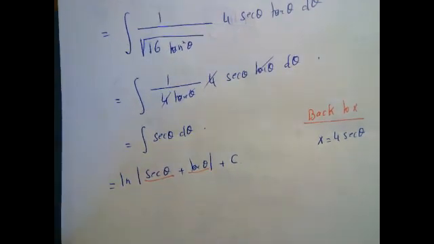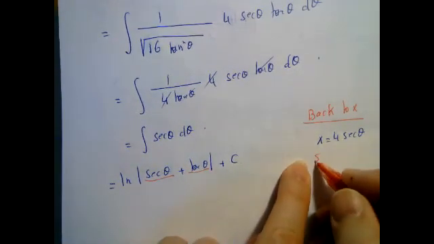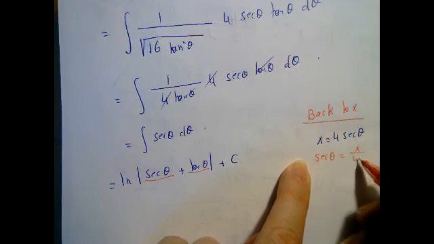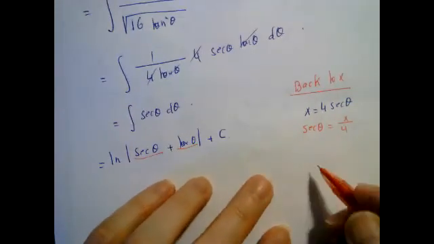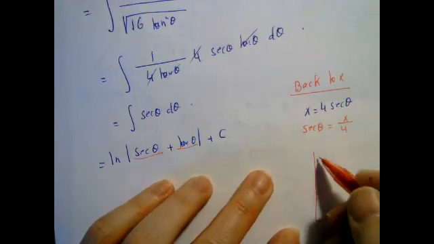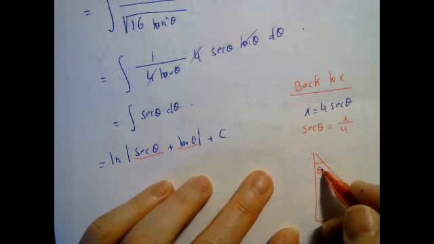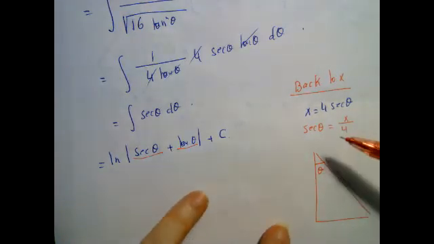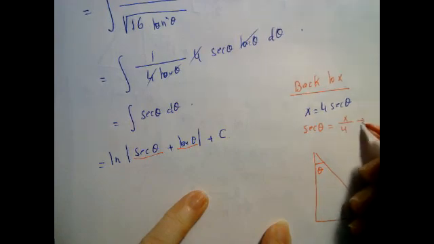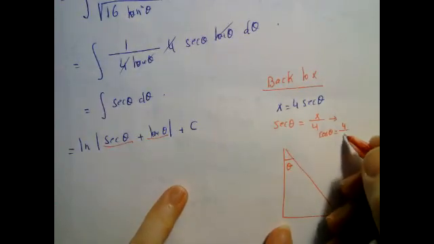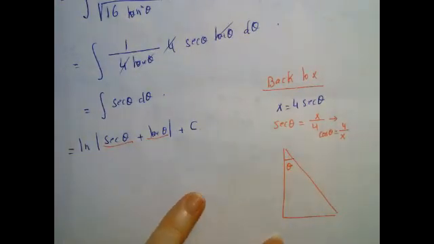And now we can build our triangle. So for that, I will first find the secant, which is x over 4. Okay, and now I build my triangle. I pick an angle to be theta. But now let's see, the secant is 1 over cosine. So this will give me the cosine, because I think better with the cosine, is 4 over x, because it's 1 over that.